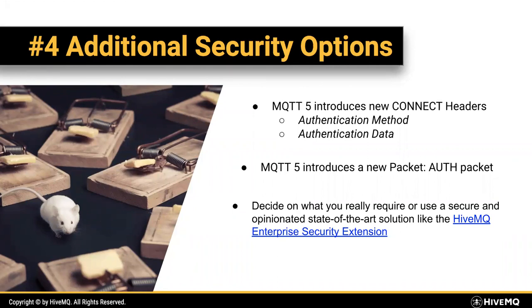MQTT5 introduced new headers for indicating what authentication method you want to use in case you have different devices which require different authentication methods. You can carry authentication data in a special header field. And there's also a new packet introduced, which allows you to create challenge-response protocols over MQTT, like Kerberos, for instance.